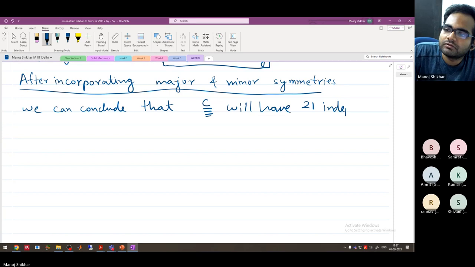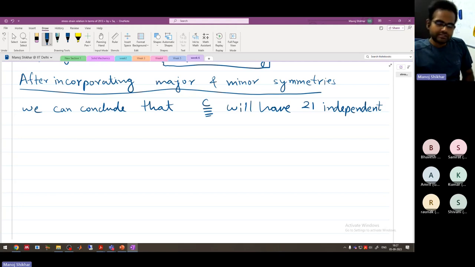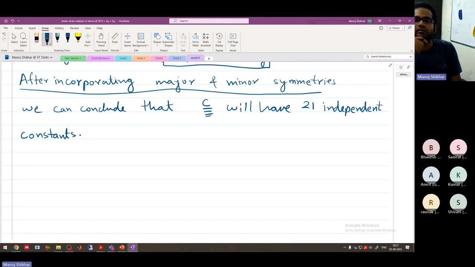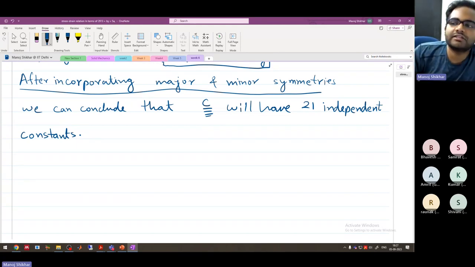Okay. So if you make a stiffness tensor for any general material, the maximum number of independent constants you can have is 21. And these materials are called anisotropic materials. You may have also read the word triclinic somewhere. So anisotropic materials are also triclinic materials. So anisotropic or triclinic material will have 21 independent constants in their stiffness tensor.